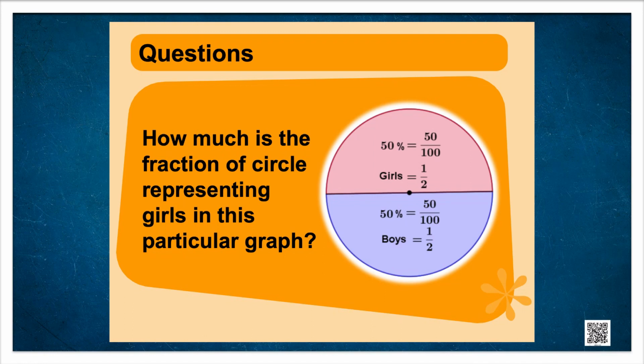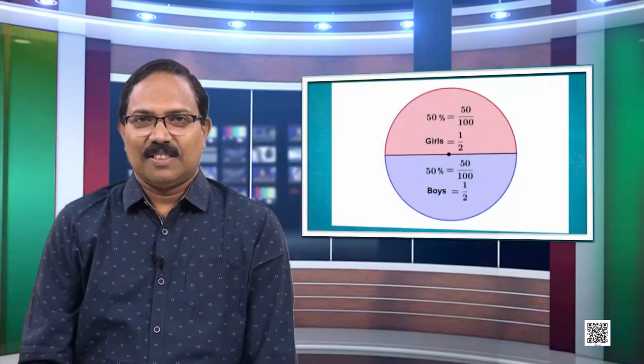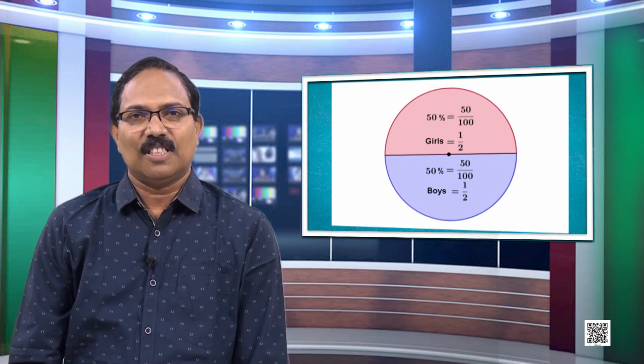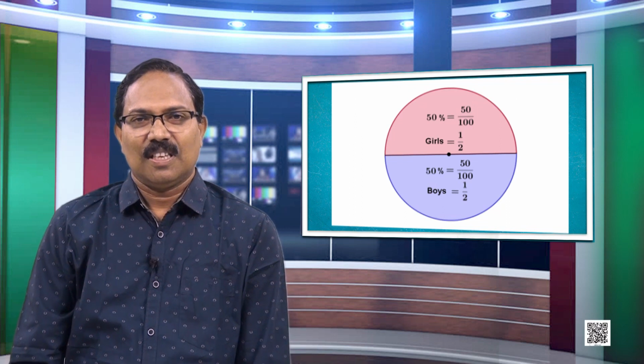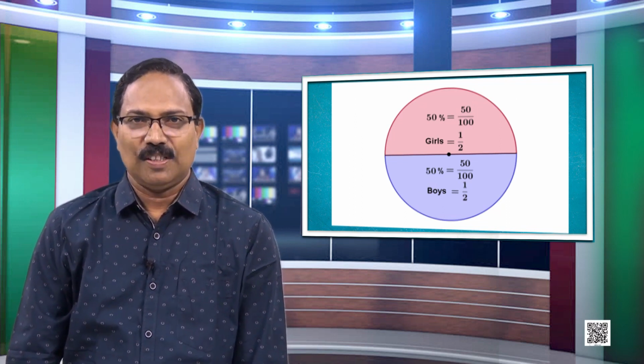How much is the fraction of circle representing girls in this particular graph? Yes, it is half. How much is the fraction of circle representing boys? Yes, again half. You are correct. What is the relationship between boys and girls in this particular graph? Yes, it is half and half making a whole.